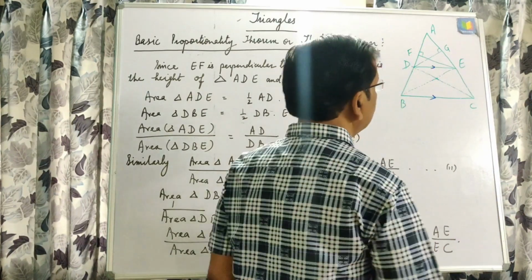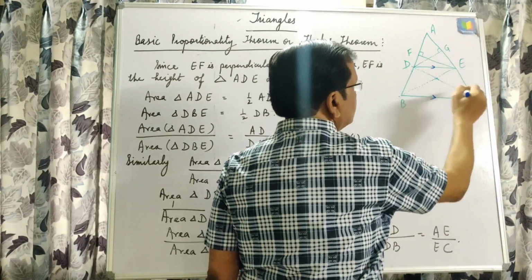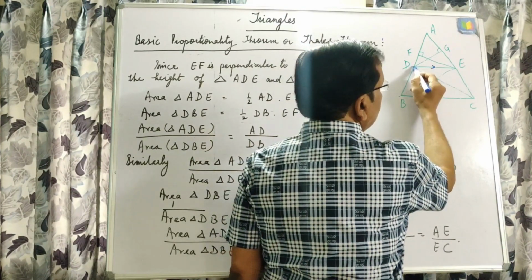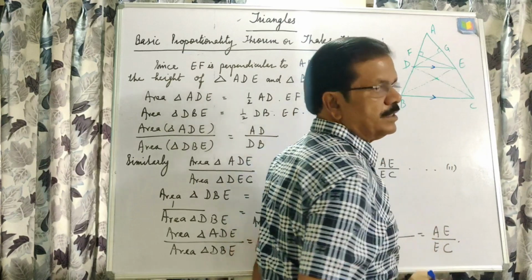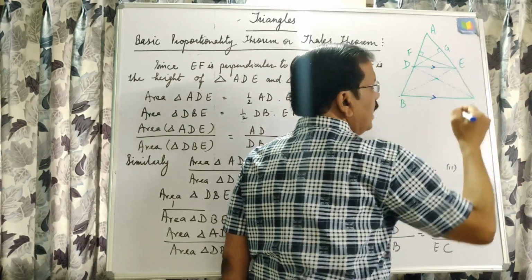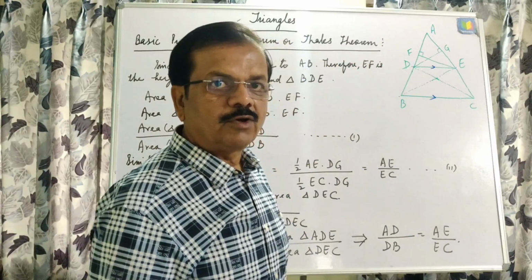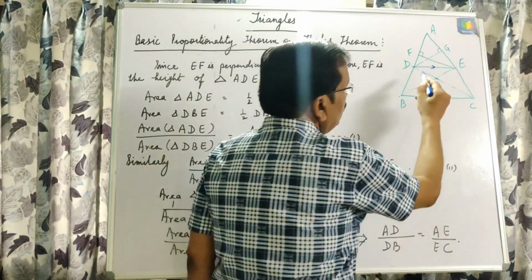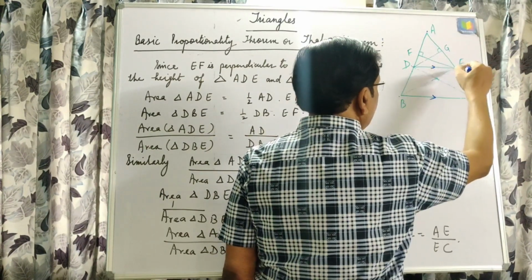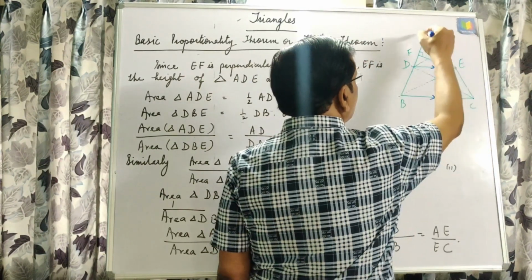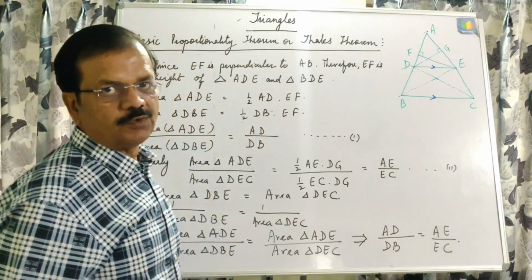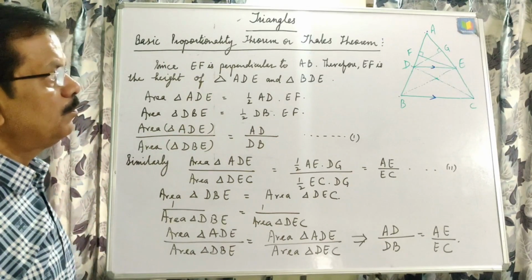I am again repeating: suppose ABC is a triangle and we draw a line from D parallel to BC, which will intersect the third side AC at E. Okay, now AE upon EC is equal to AD upon DB according to the basic proportionality theorem. This is what we have to prove.